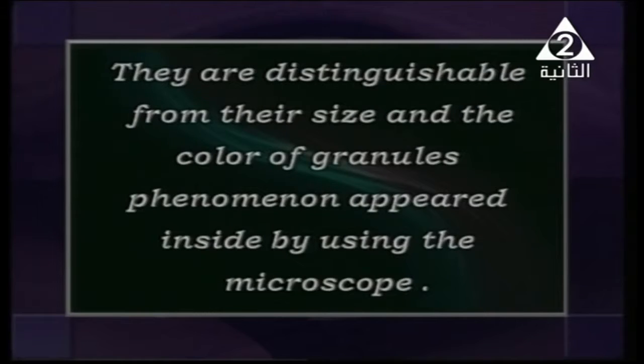They are distinguished, or differentiated, by their size, color and granules, and we are going to see them right now. They appear by using the microscope. We cannot observe them with just a light microscope.